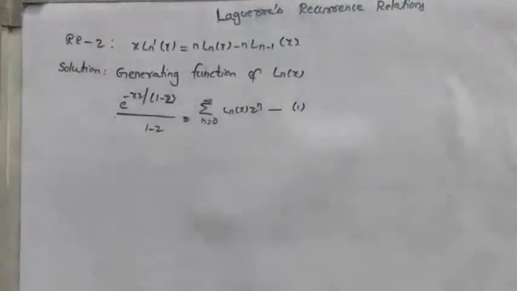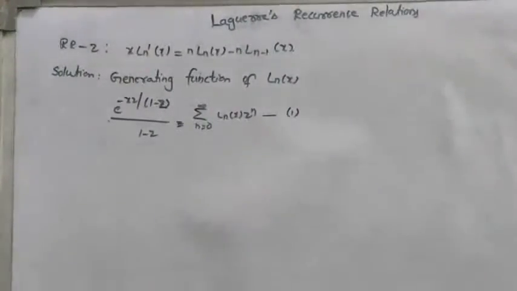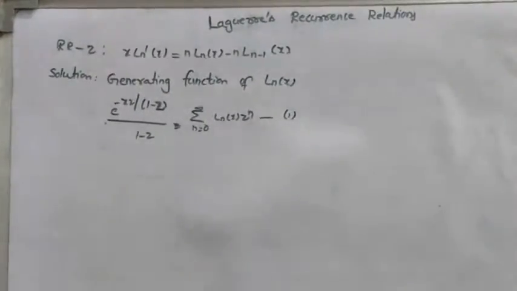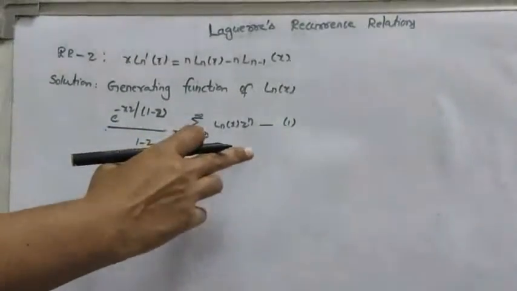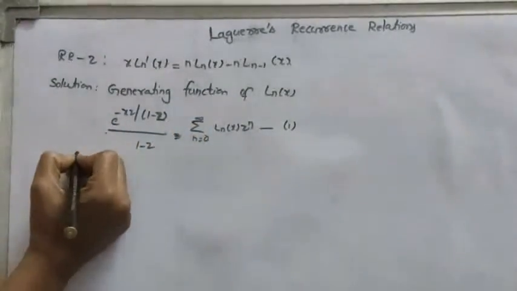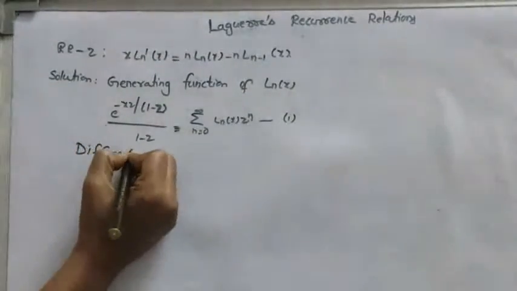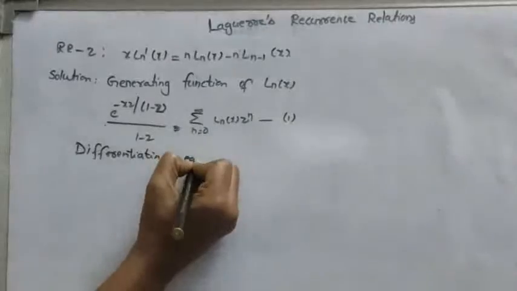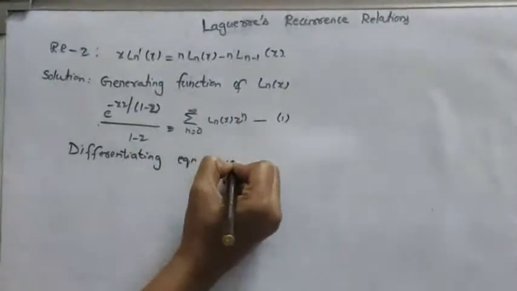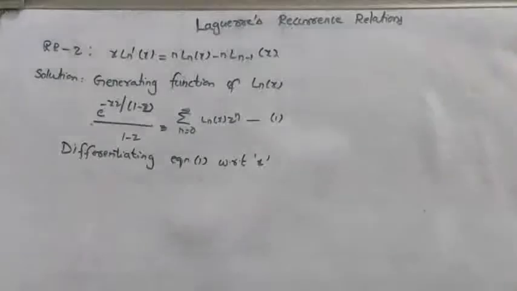Now we are going to differentiate equation 1 with respect to x. So write down a small sentence: differentiating equation 1 with respect to x. So what will you get here?